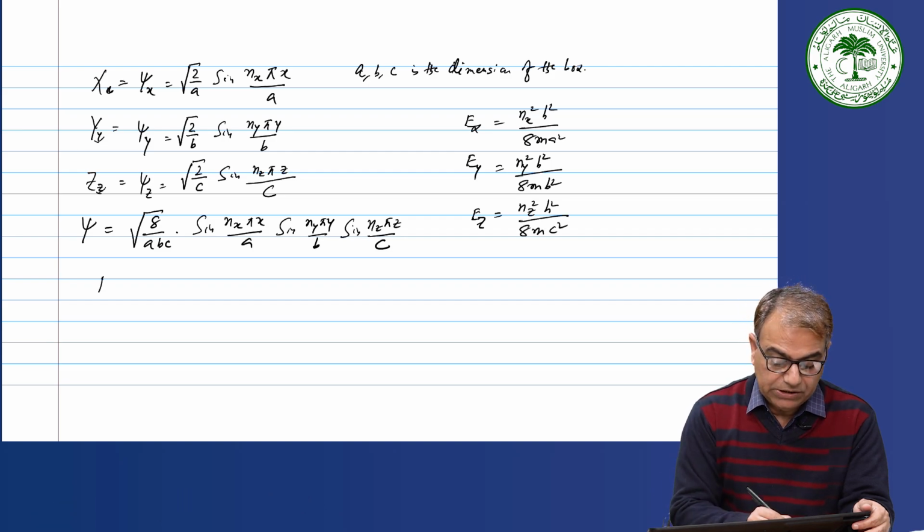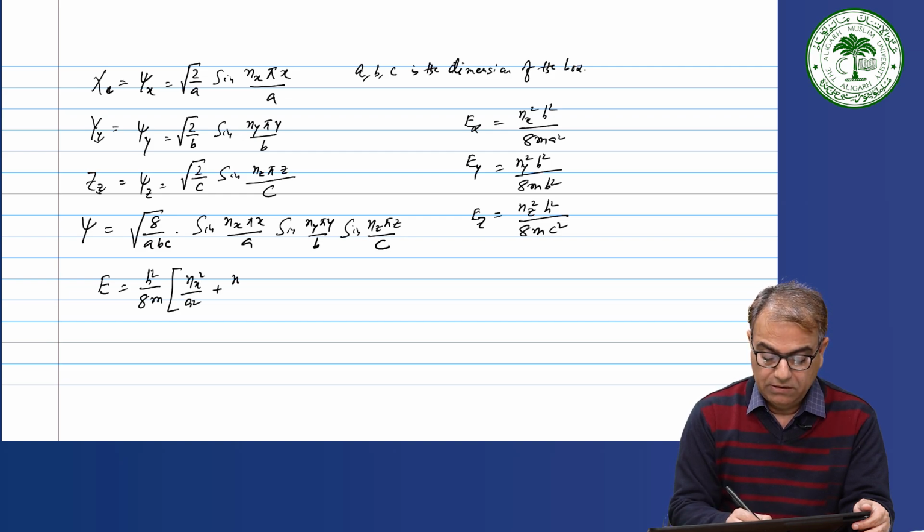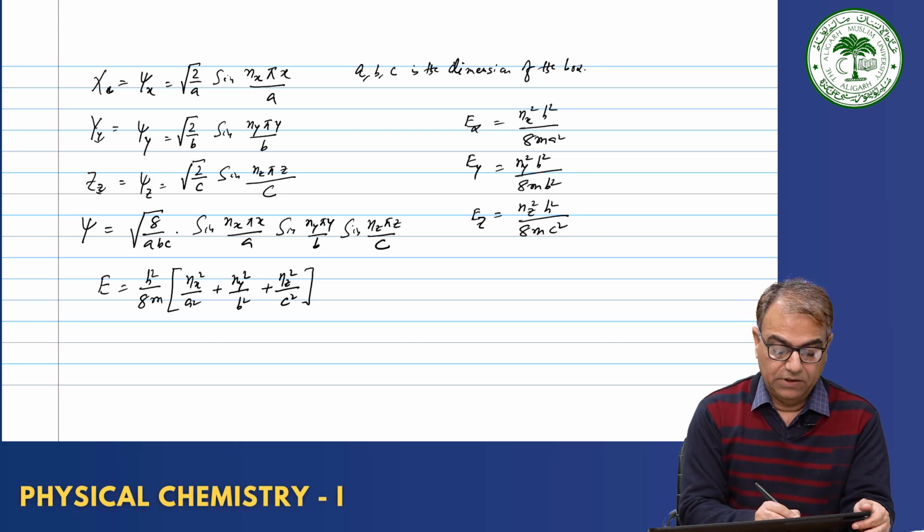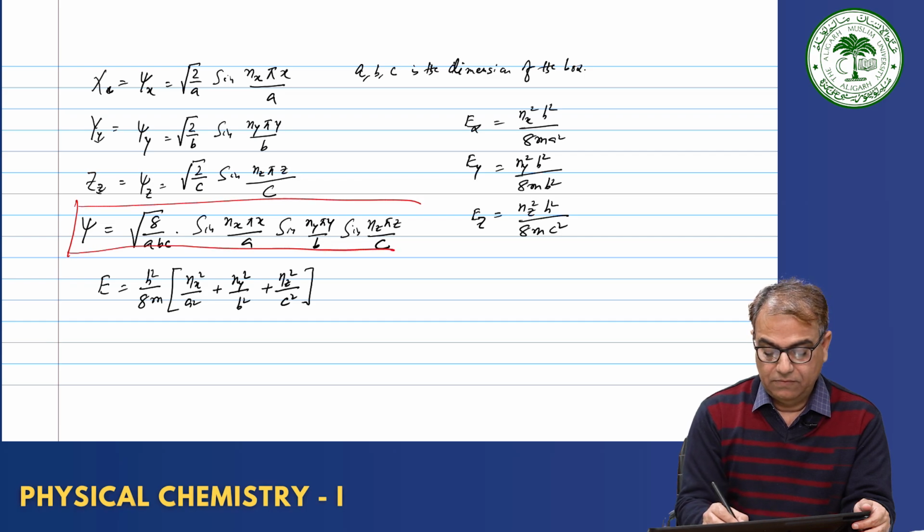So the total energy which you can write is h square divided by 8m will be common, and then within bracket you will have nx square divided by a square plus ny square divided by b square plus nz square divided by c square. So this will be the energy. For particle in a 3-dimensional box, the total wave function is this one, and this is the total energy.